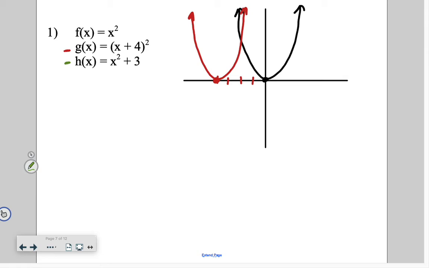Okay? It's kind of attached to the end of the x squared. So I know it's vertical because of that, and same reasoning, it's a shift because we're adding. So we'll take our original parent function, the black one here, and it just gets shifted up 3 units. So that point goes up 3. There's the new vertex, and then once again from there, you can just sketch the graph in.